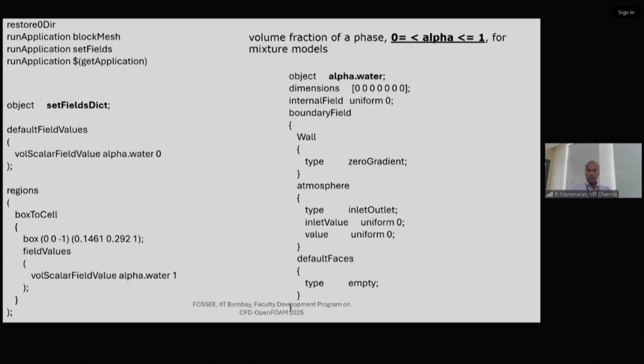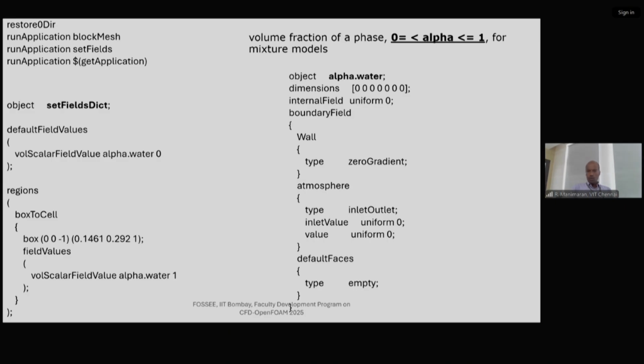Boundary conditions are given as zeroGradient, the atmosphere is inletOutlet, and the default patch is of type empty. So this variable alpha.water file should be available in the 0 folder before you call the application, any solver like interFoam. So I think now you would have understood some idea about the models and the multi-phase flow approaches in OpenFOAM.